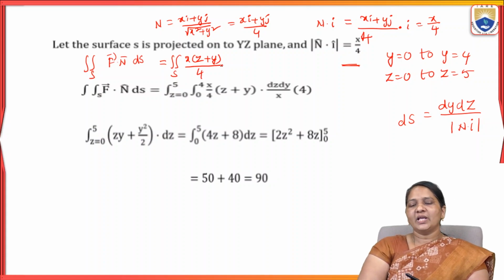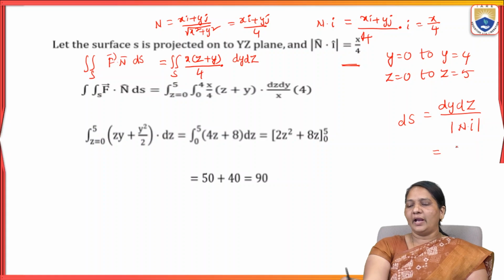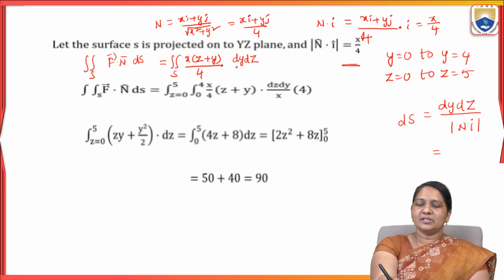Into here, the dS value is dy dz, and the n dot i value. What is the n dot i value? x by 4.